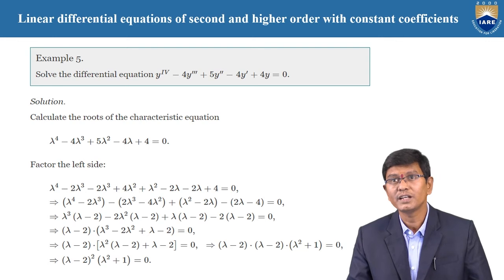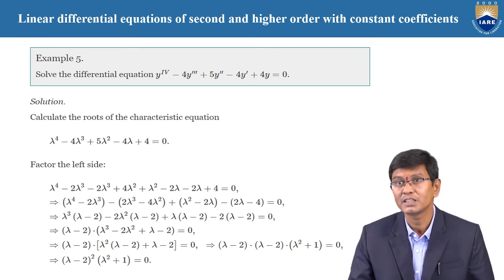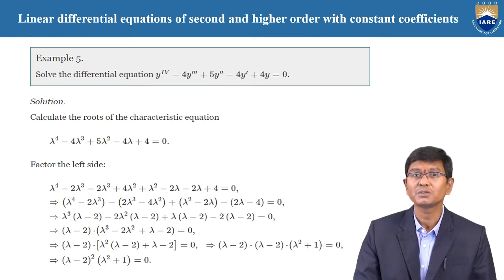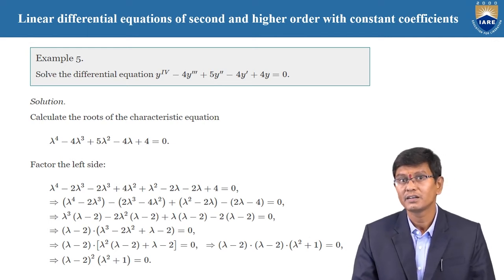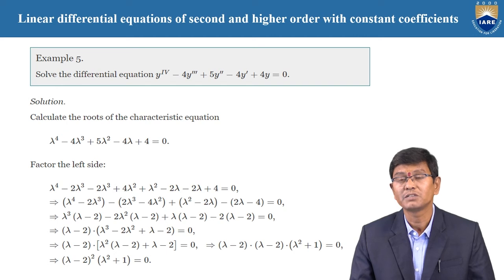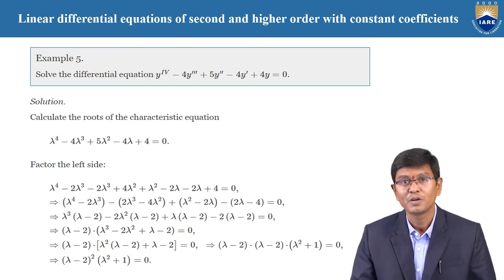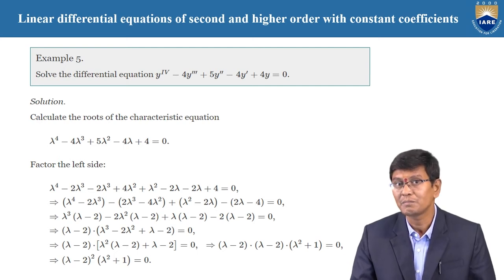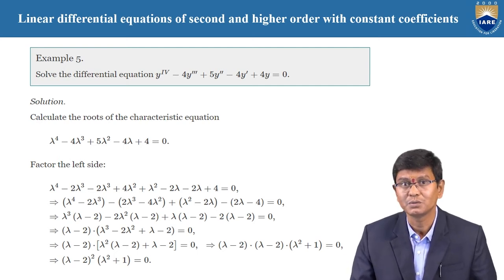Now solve the differential equation y fourth derivative minus 4 into y triple dash plus 5 into y double dash minus 4y dash plus 4y is equal to 0. Again here, when we change to the characteristic equation in terms of lambda, it is lambda power 4 minus 4 lambda cube plus 5 lambda square minus 4 lambda plus 4 is equal to 0.